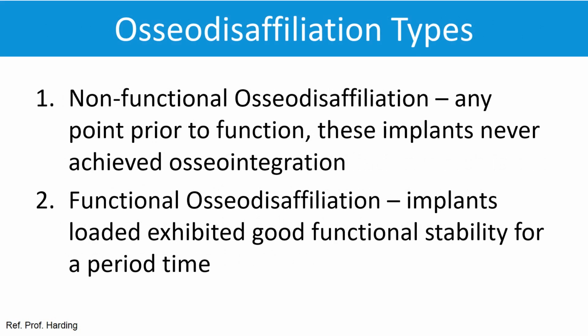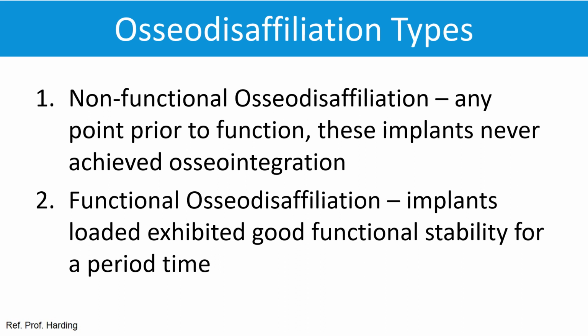Now, this classification has been devised to take into account the new processes of immediate implant loading, which was never considered previously. The earlier protocols actually prohibited immediate implant loading and took great steps to avoid inadvertent loading of our implants.